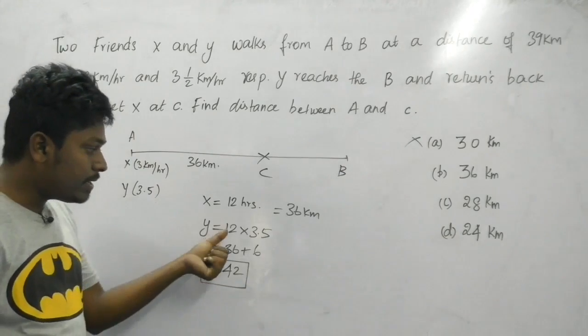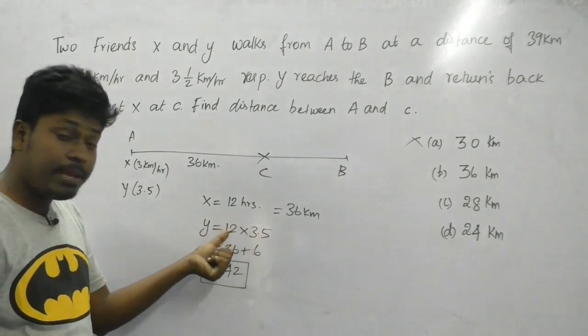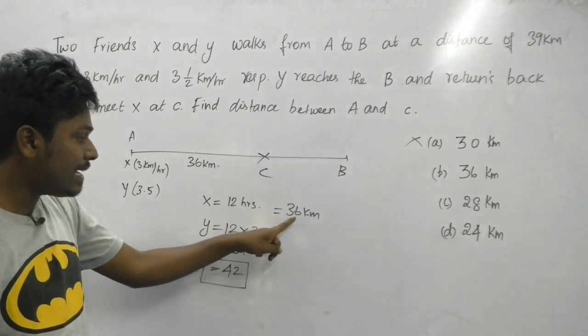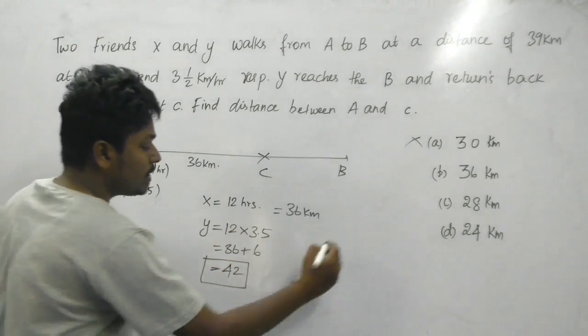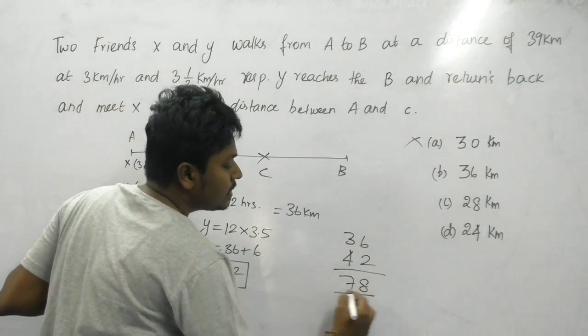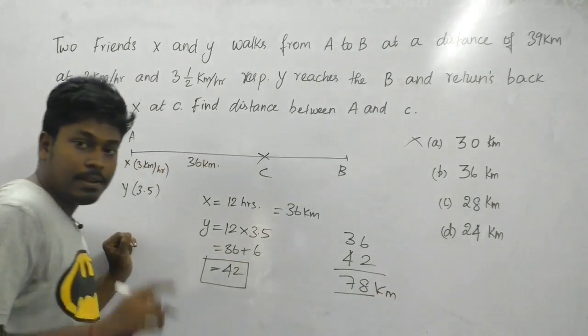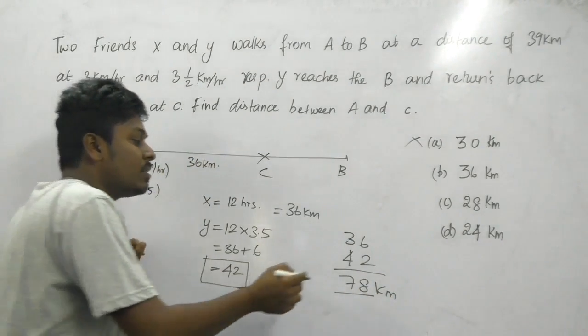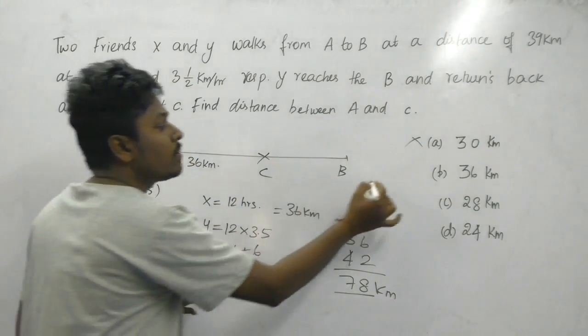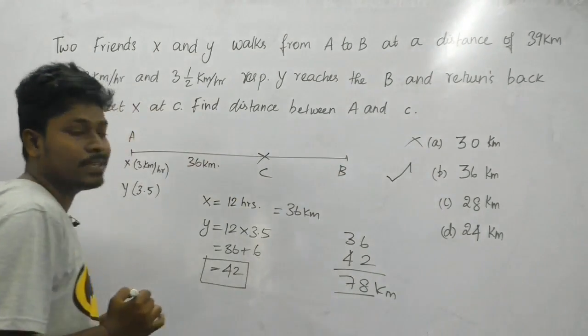Already x covers 36, y covers 42. 36 plus 42 is 78, which is the overall distance we saw in the previous case. So 78 kilometers covered by both the persons is exactly correct. So 36 kilometers will be your answer.